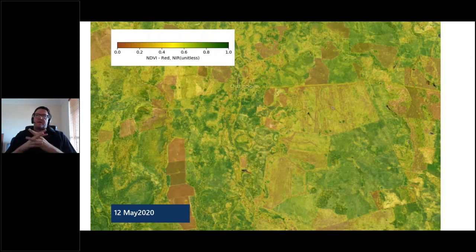So even though generally across the region we're seeing better, it's certainly not uniform. There's quite a lot of paddock to paddock and farm to farm variability that relates to soil type, how deep the impact went during the drought, and how quickly the landscape can respond. That's fairly typical.